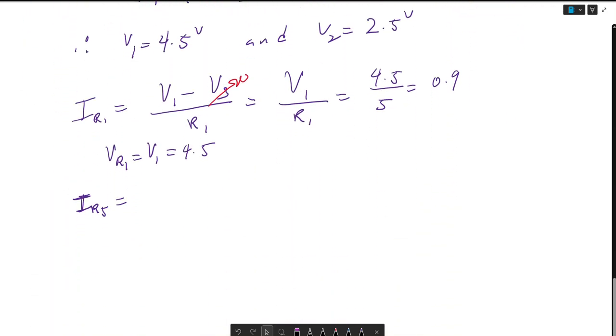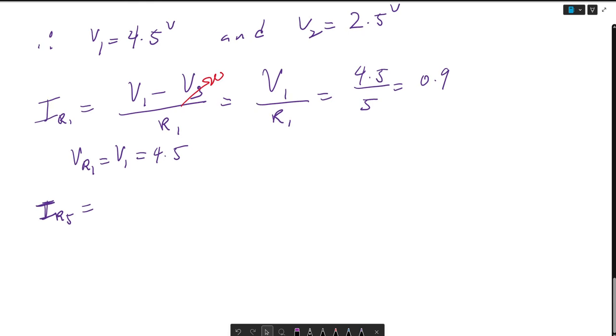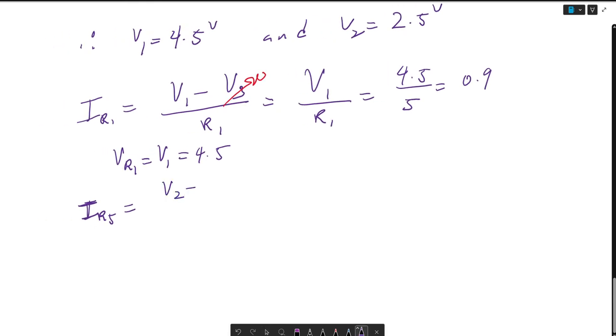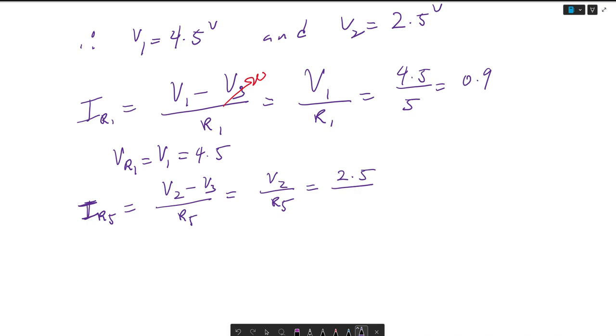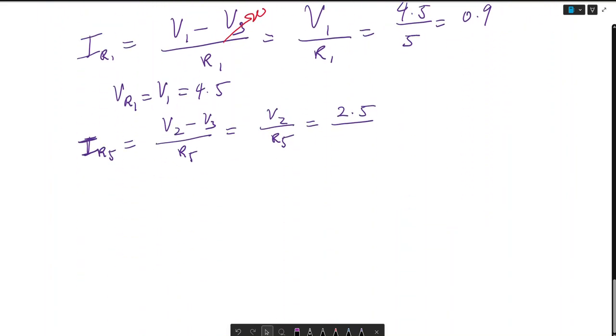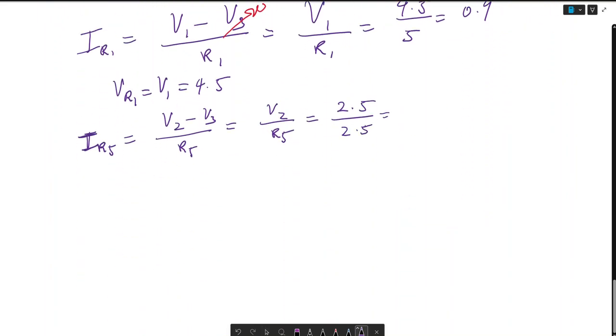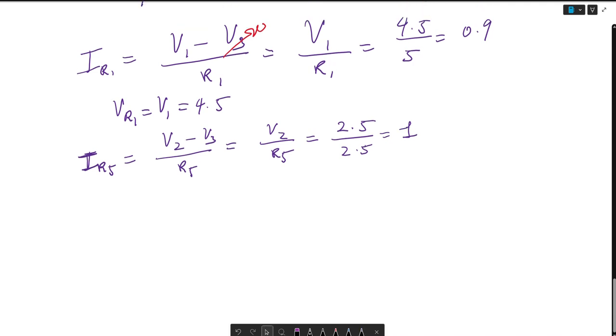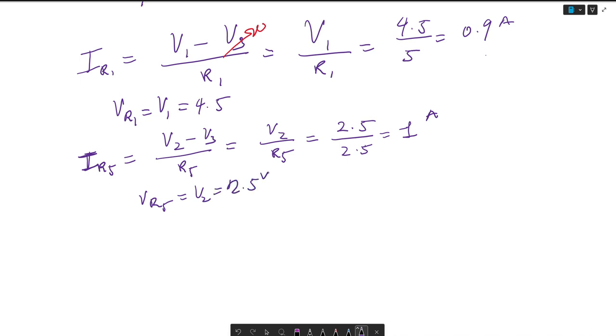Again, what that looks like is V2 minus V3 over R5, which is equal to V2 over R5, or 2.5 over R5, R5 was 2.5, which is equal to 1. These are amps. And again, VR5 is equal to V2, which is just 2.5 volts.